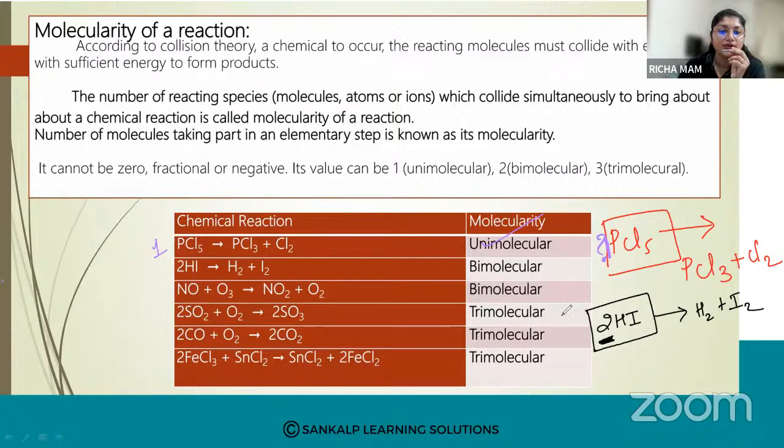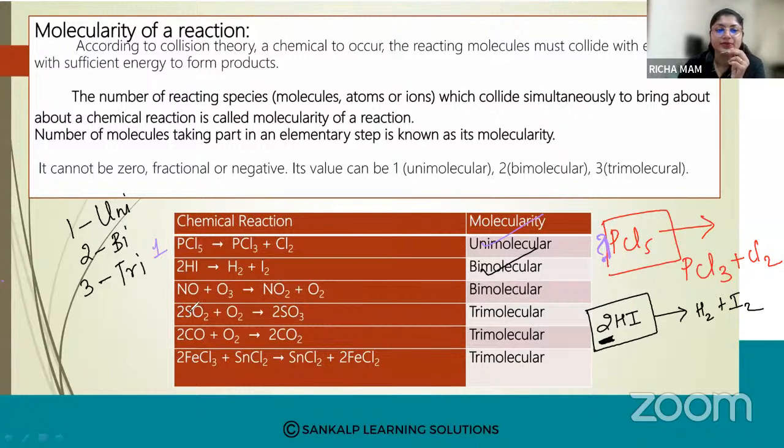Yes, 2 moles, right? So it is a bimolecular system. When it is 1, it is uni. When it is 2, it is called bimolecular. When it is 3, it is called trimolecular. So 2 molecules of HI are involved, so it is a bimolecular system.